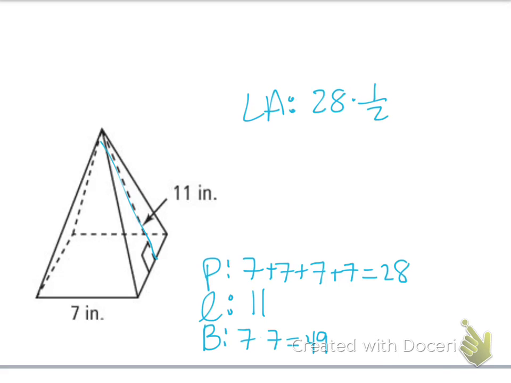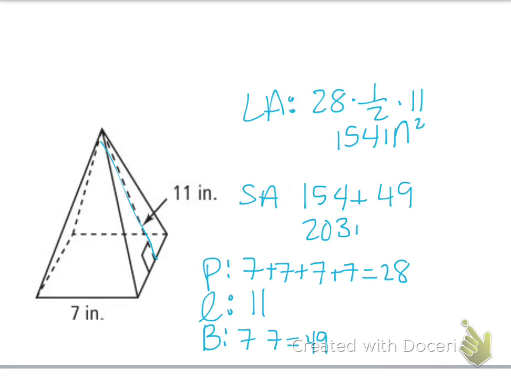So 28 times 1/2 times 11 is 154 inches squared. My surface area then, 154 plus the area of the base of 49, so I get 203 inches squared.